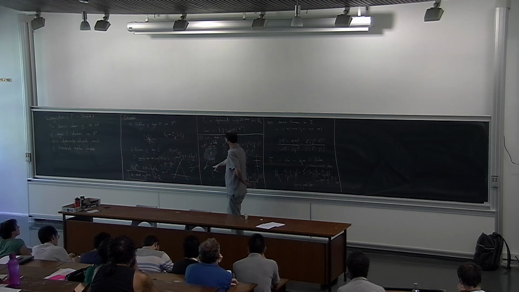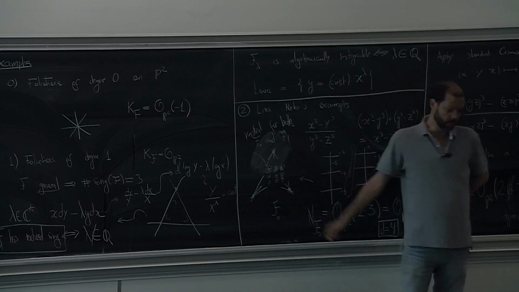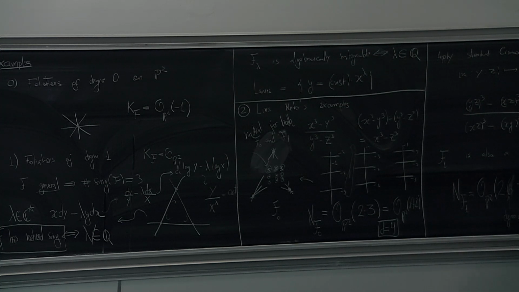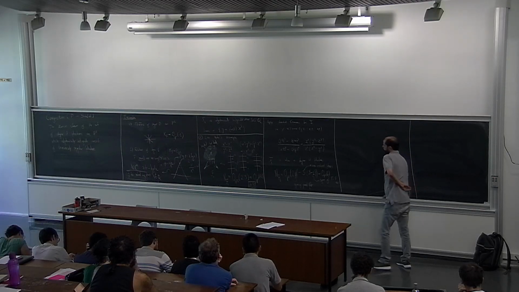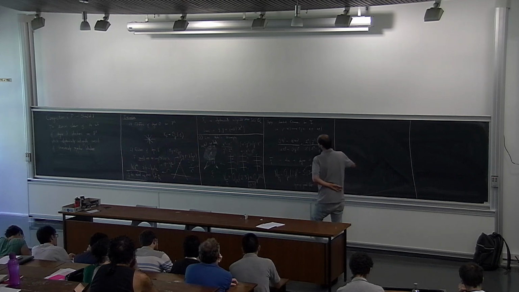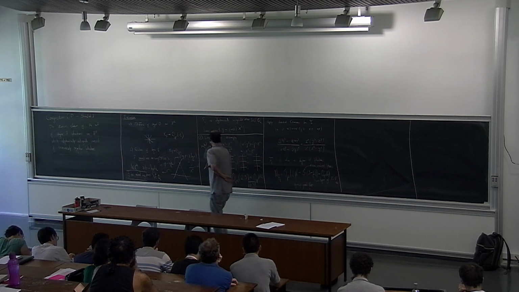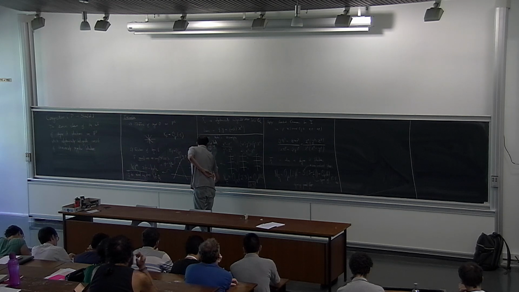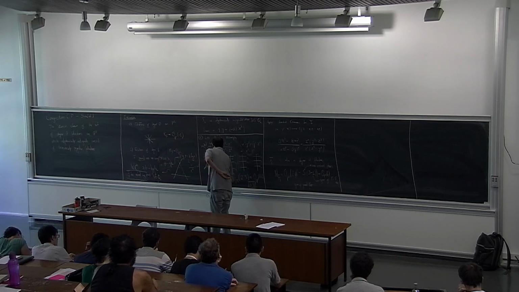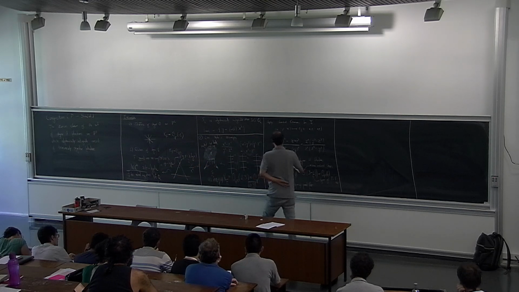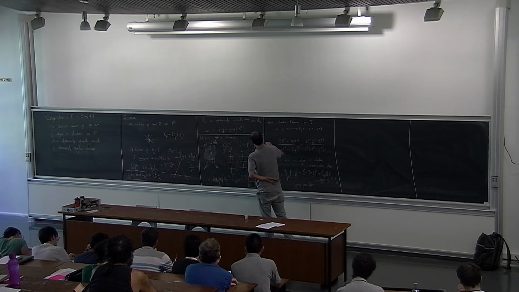And this point will be a non-dicritical singularity for F0 with algebraic multiplicity 2, while it will be a radial singularity for F1. Okay? And now, let's assume that this one is defined by a one-form omega 0, and that this one is defined by a one-form omega 1.